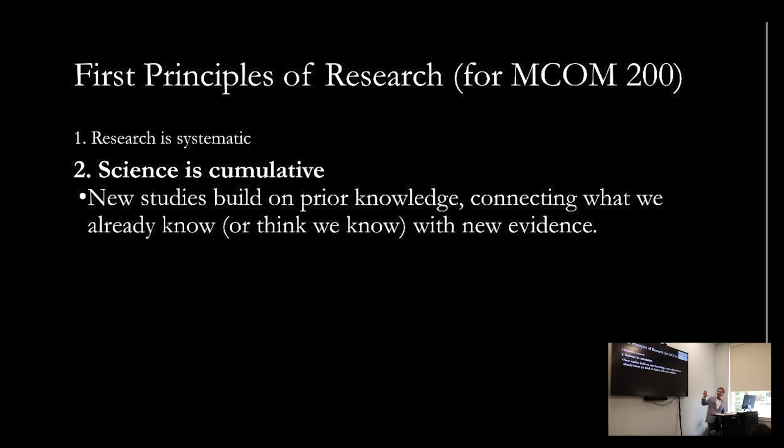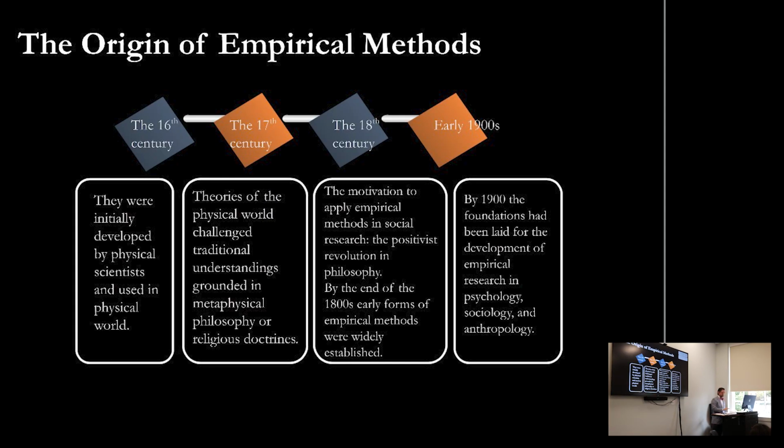So you can see this idea of the cumulative nature of science, both in terms of Chapter 2, which talked about the history of empirical research methods from the 16th century, and I'm not going to sit here and lecture about that because you'll fall asleep, right?